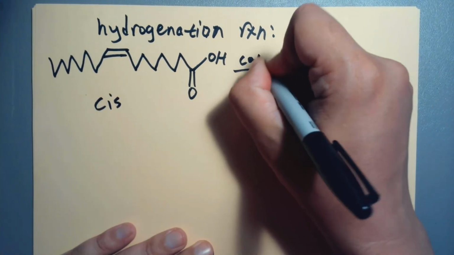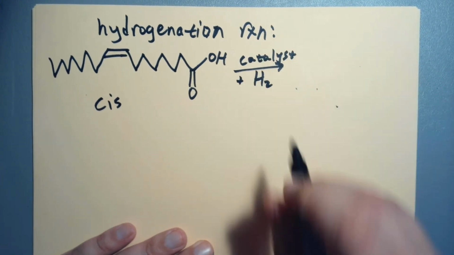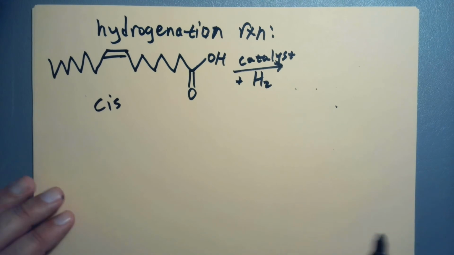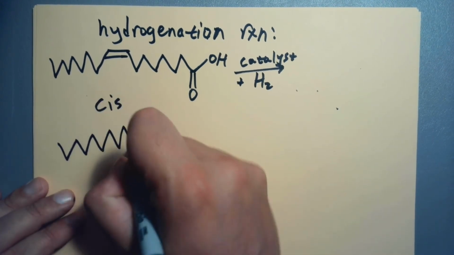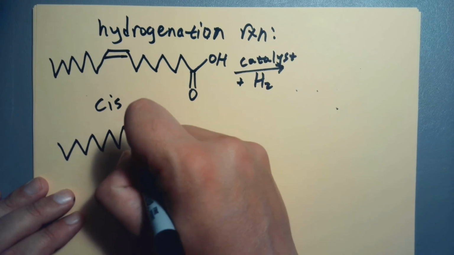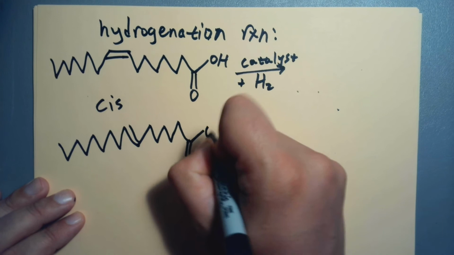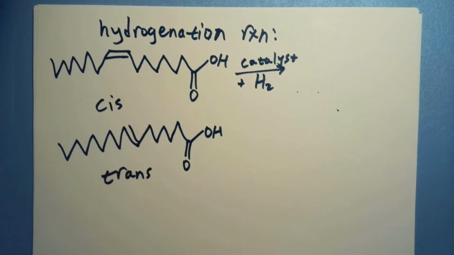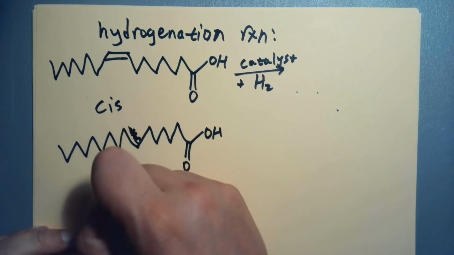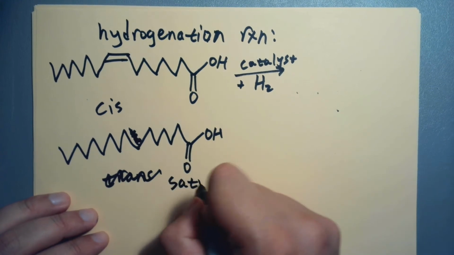We have a catalyst plus some H2 gas, thus the hydrogenation part, and we get the trans form. Or whoops, nope, no double bond. Sorry, I looked at the wrong part. We get a saturated fat.